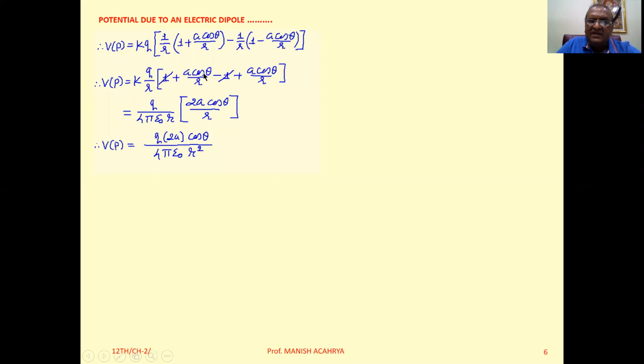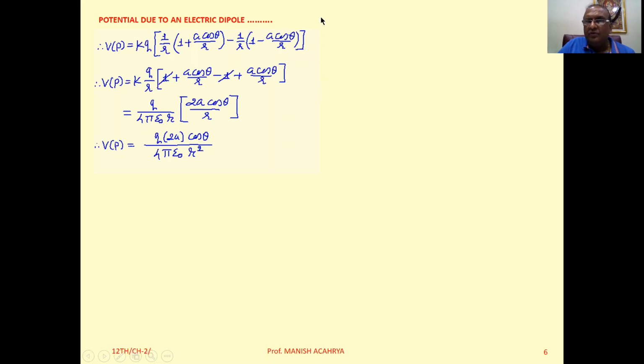So 1 plus A cos theta by R minus 1, and this minus minus plus A cos theta by R. 1 cancelled. So we can write this is equal to KQ, or K that is 1 upon 4 pi epsilon 0. So Q upon 4 pi epsilon 0 R into this plus this, that is 2A cos theta by R. Therefore, potential is Q into 2A cos theta upon 4 pi epsilon 0 R square.